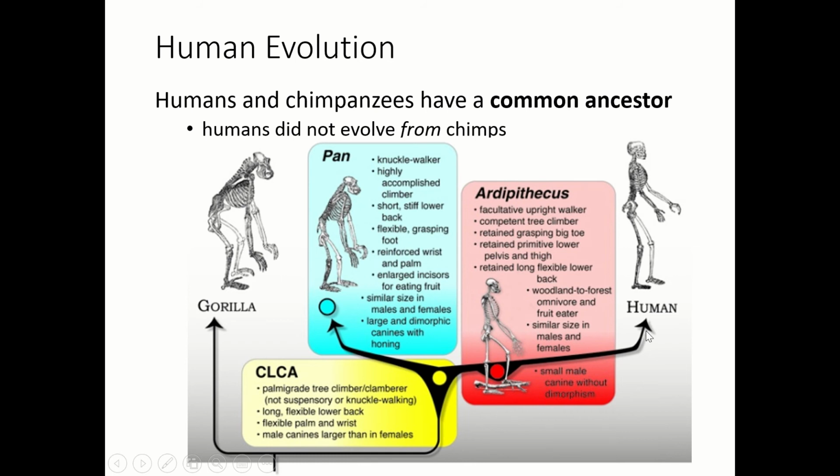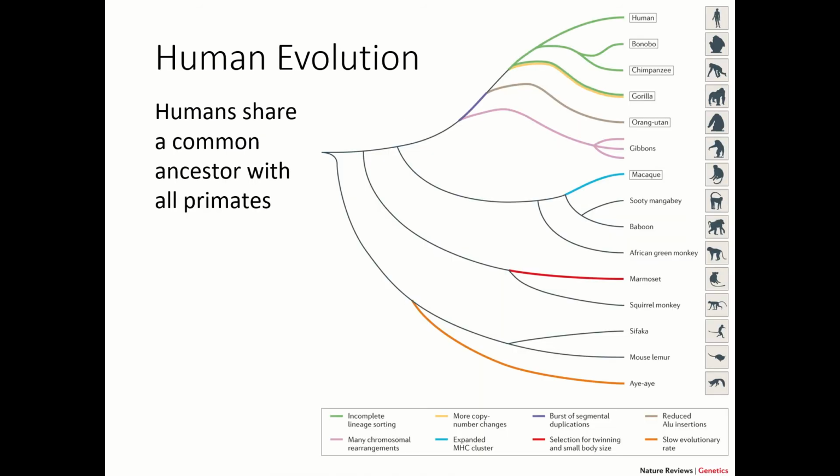Along the human line of the tree, along this human branch, there have been other organisms that did not survive and have since gone extinct. And on all of these branches, there have been organisms that didn't survive to today and that went extinct.